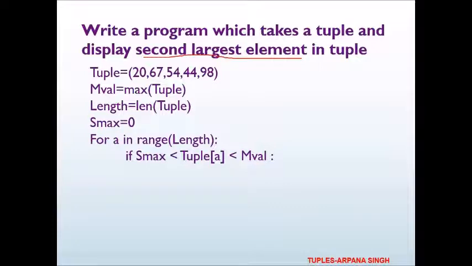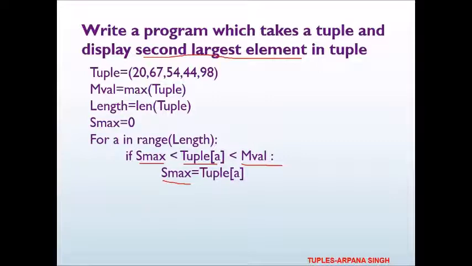So this is how you will compare. The second largest element should be smaller than the largest. So each time, if any element is smaller than the largest and larger than the second largest, the second largest will be replaced.